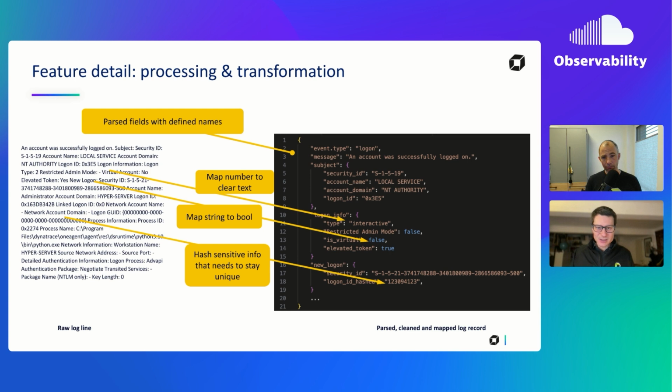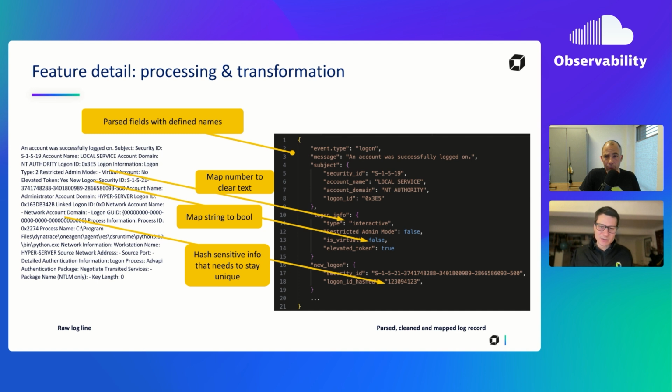The object with types. You see strings. You see booleans. You see numbers. So that's the parsing that you do. Then you can map, for example, a number to clear text. That also helps the understanding when you query it, you see a nice text, an explanation, a label, instead of a number when it comes in.